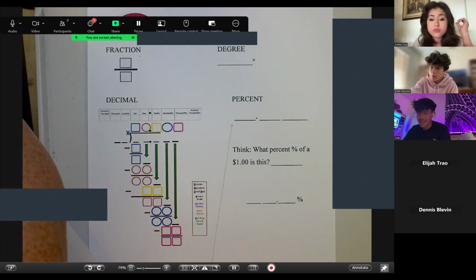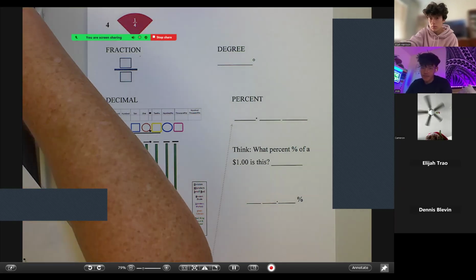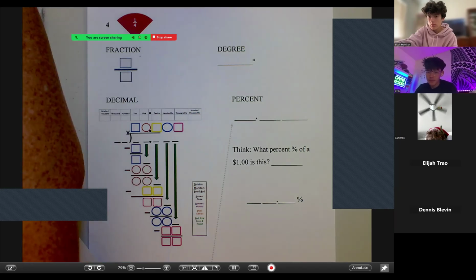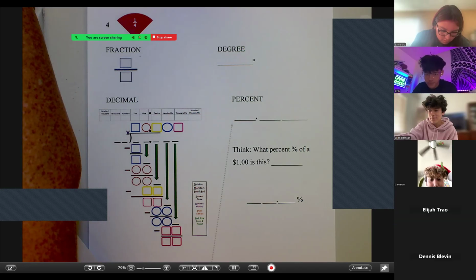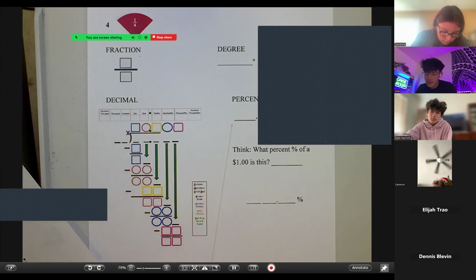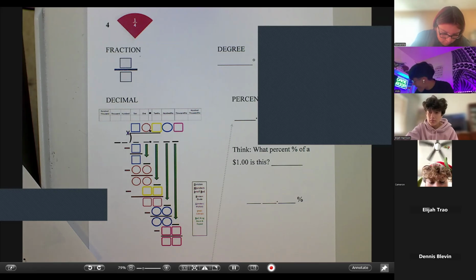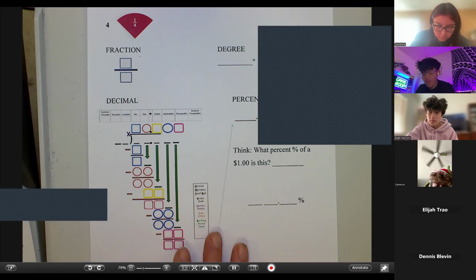Who are we admitting? Is that Cameron in the waiting room? Cameron, good of you to join us, buddy. Hi there. I need you to unmute. It looks like you have a Santa hat on.